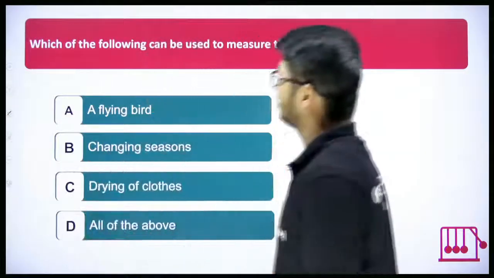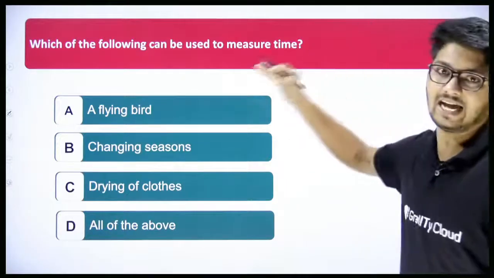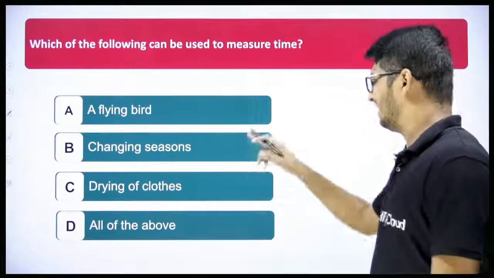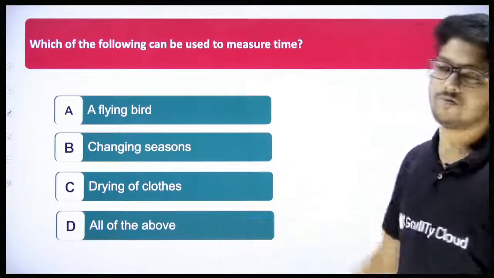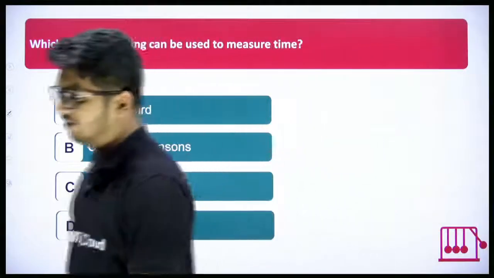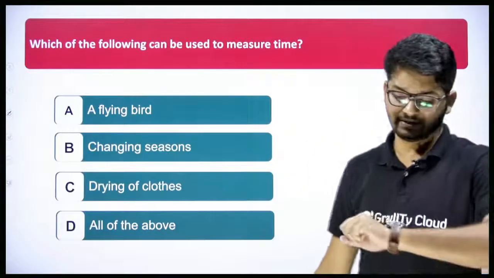So look at a simple question here. Which of the following can be used to measure time? You have different examples: a flying bird, changing seasons, drying of clothes, all of the above. What do you think?